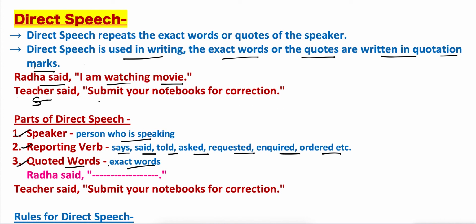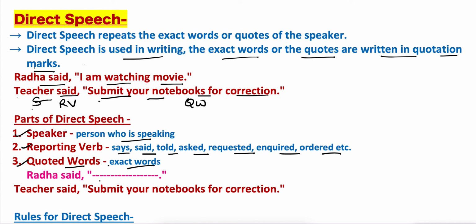We have seen from this example, teacher said, "Submit your notebooks for correction." Teacher is the speaker here, said is the reporting verb, and "submit your notebooks for correction" is the quoted words.